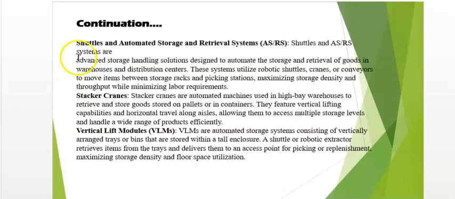Another machine, we have the shuttles and automated storage and retrieval system. They are advanced storage handling solutions designed to automate the storage and retrieval of goods in a warehouse and distribution centers.